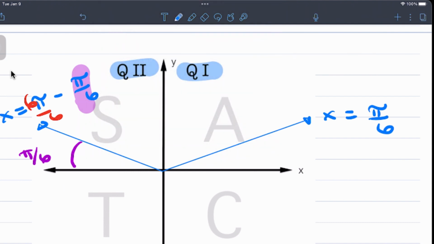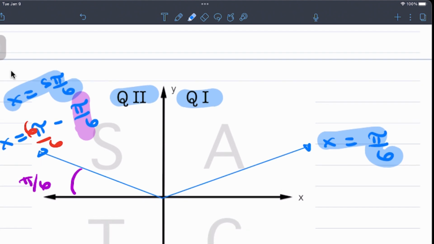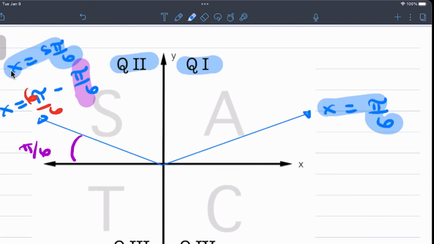So we're going to have to put it up here, okay? So I want you guys to see this relationship again here, okay? Pi over 6 and 5 pi over 6. These are not opposite quadrants for sine being positive, okay? You guys okay with that? But let me remind you guys something here.